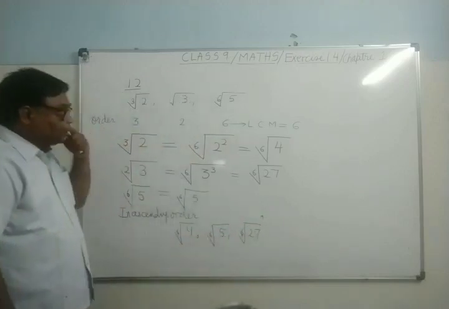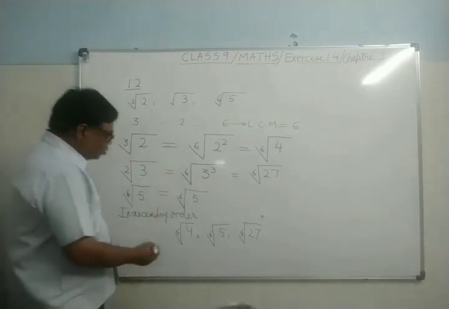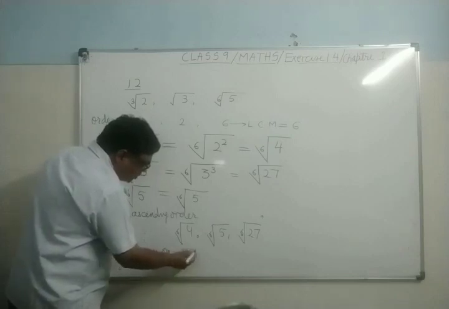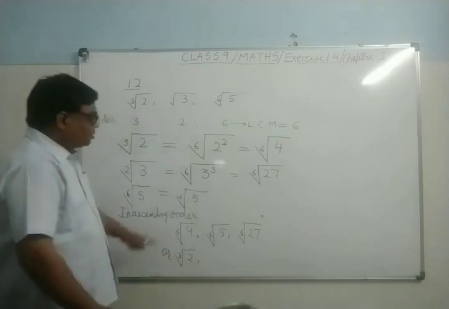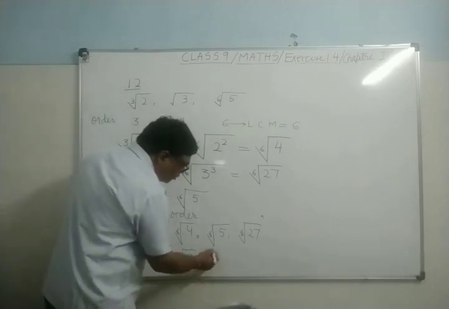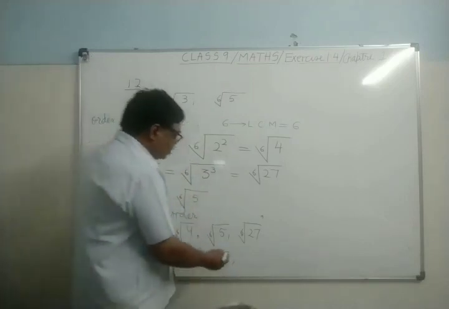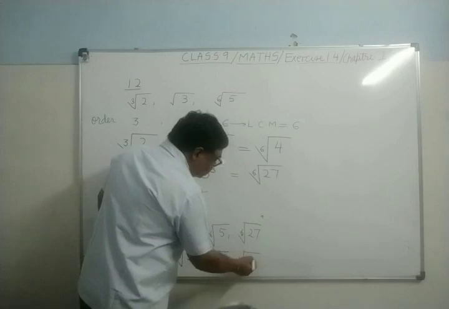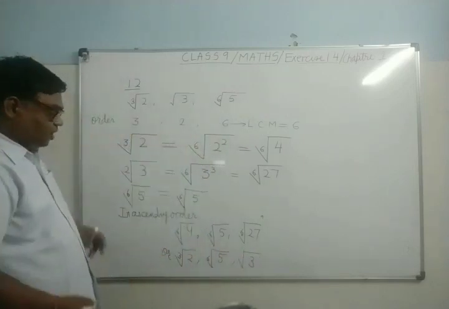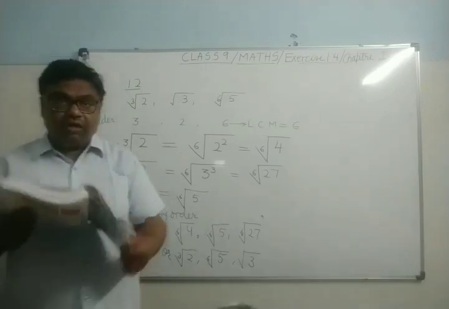So what is 6th root of 4? You can see it is cube root 2. Then 6th root of 5 is already in the same form, because you have to write in the original form, the form in which it was given in the question. 6th root of 27 is square root of 3. So this is in ascending order. So that way you can do.